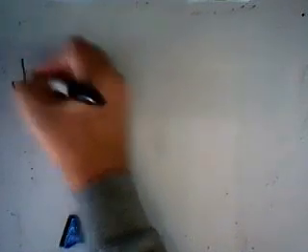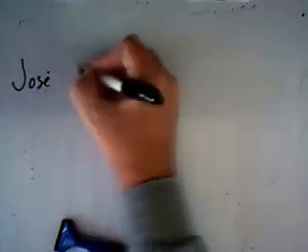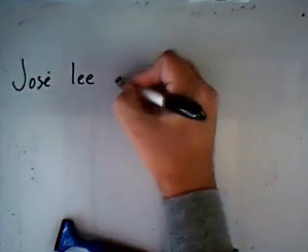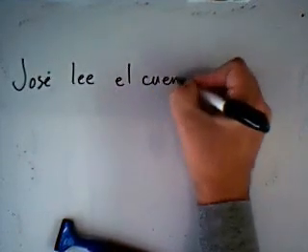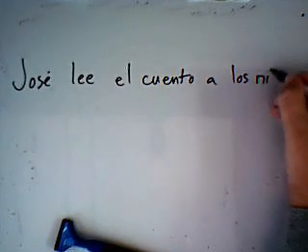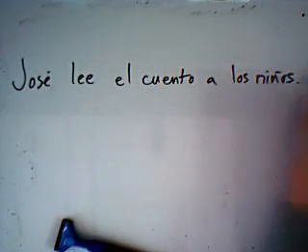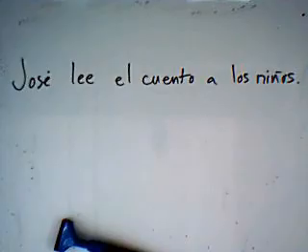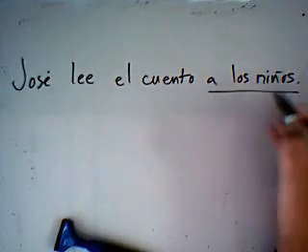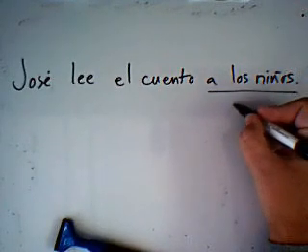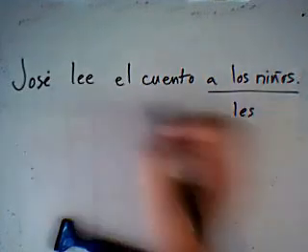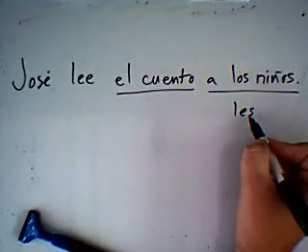What was it? I can't remember exactly, but I think it might have been José lee el cuento a los niños. Okay? A los niños is going to be reduced to les, the indirect object pronoun.